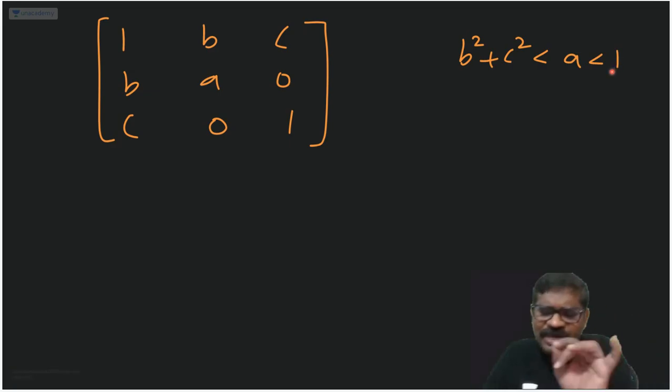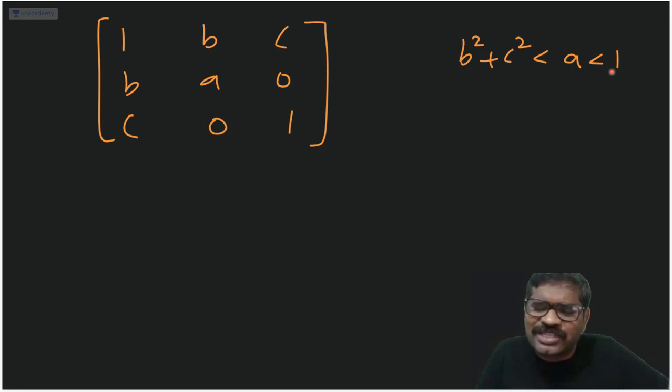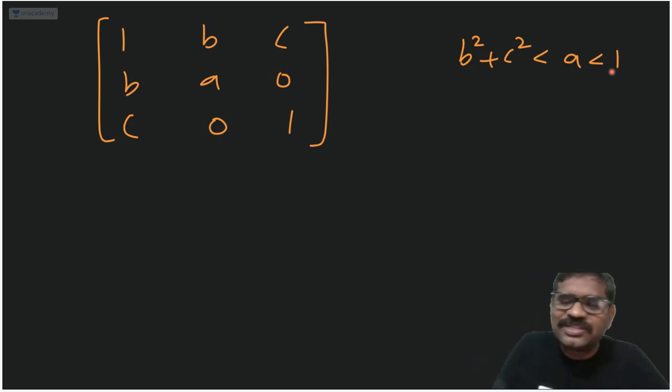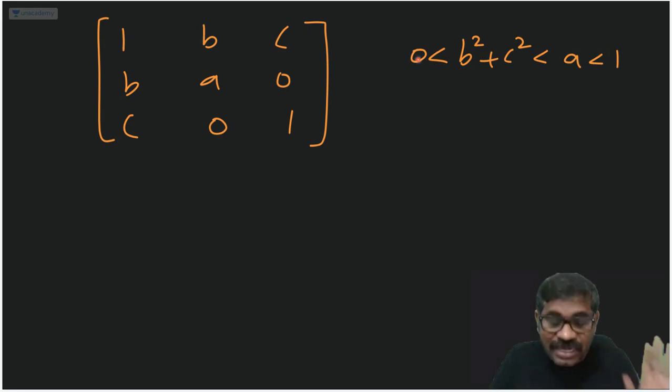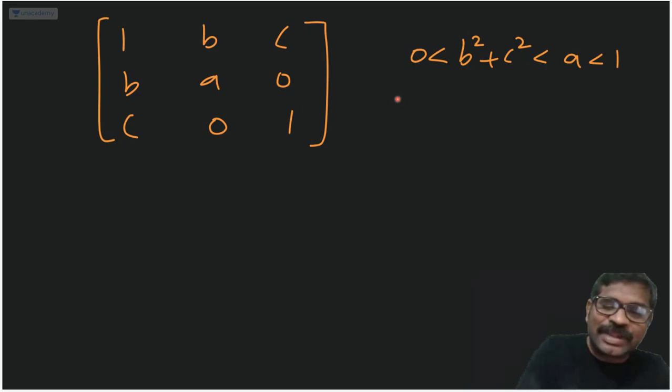Is B square plus C square greater than 0 or less than 0? B may be negative or positive, it doesn't matter; B square is positive, C square is positive, so the sum is greater than 0. Now, the matrix is clearly symmetric.